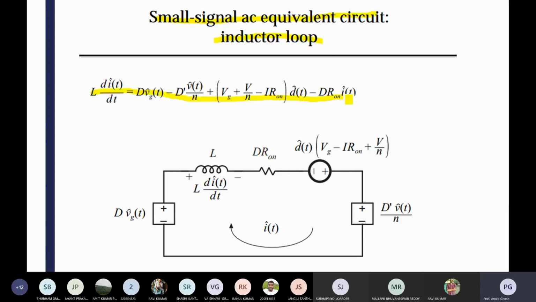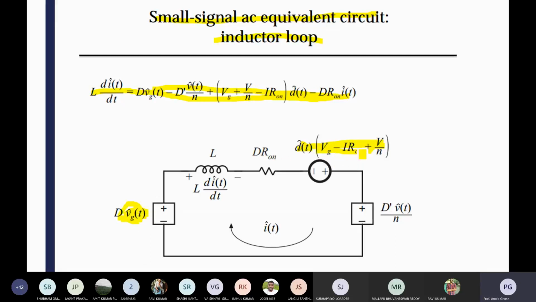Here the voltage is time dependent. Duty may be time dependent, but the source voltage is not. So it is an independent source, and this one is a dependent source, basically with time-dependent voltage.